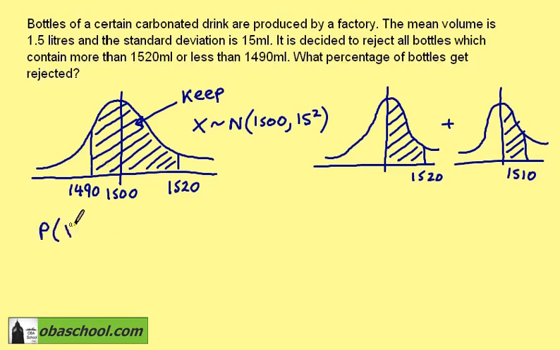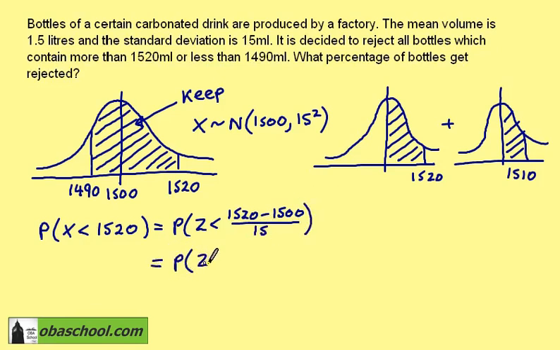So we're after the probability that X is less than 1520, and this is the probability that Z is less than 1520 take away 1500 divided by 15.